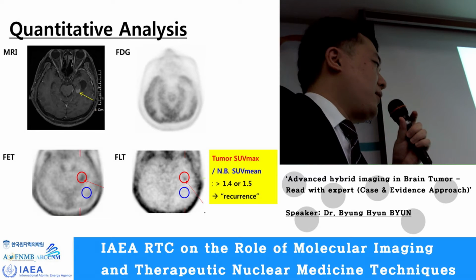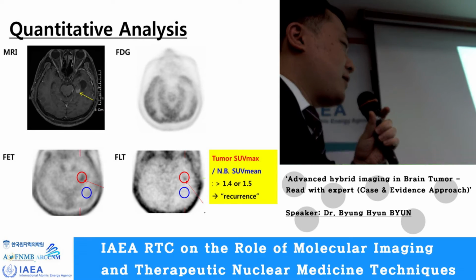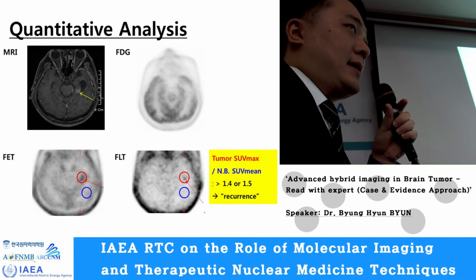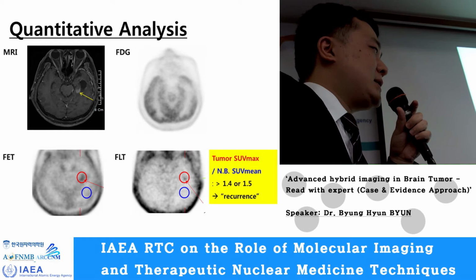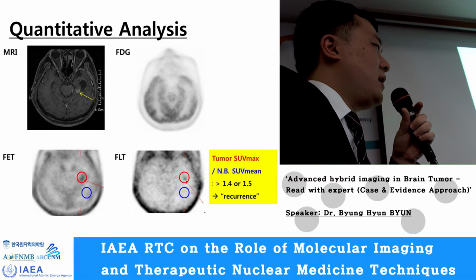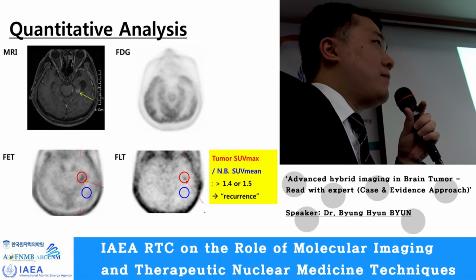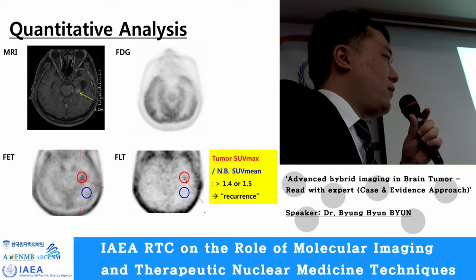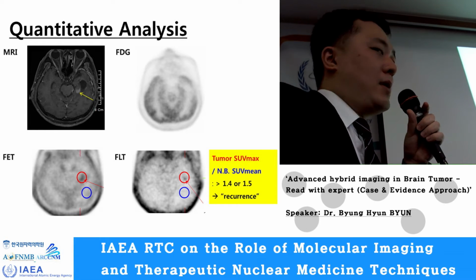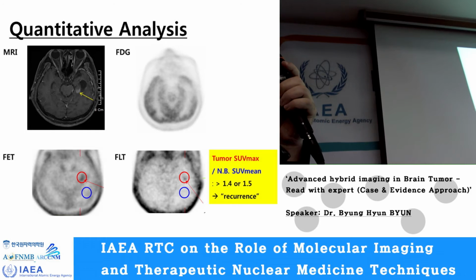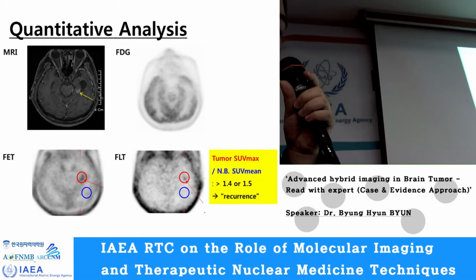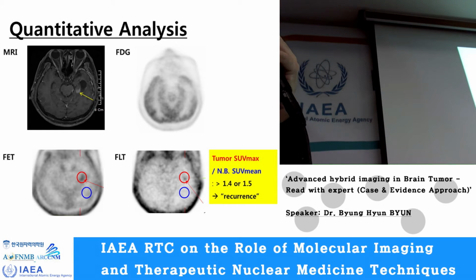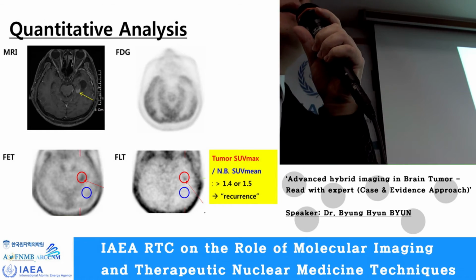Anyway, we can measure the SUV max of the tumor and the SUV mean of the normal brain. Then we can calculate the ratio of SUV max of tumor to SUV mean of normal brain. If the ratio is higher than 1.4 or 1.5, we can suggest tumor recurrence. If the ratio is less than this cutoff value, radiation necrosis is more likely than tumor recurrence.